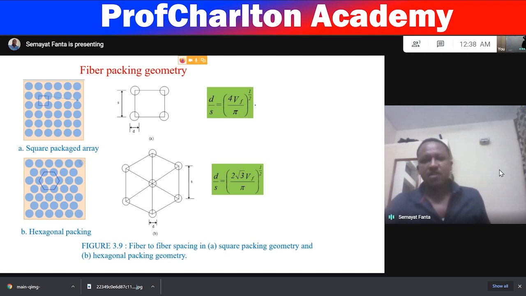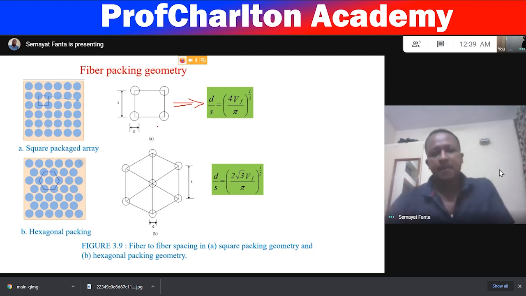This formula we have already seen at the very beginning, but it is useful: D is the diameter of the fiber, S is the size of the given square array or the matrix dimension, so that D over S is related to the volume fraction of a given geometrical array of material. It is a helpful parameter.